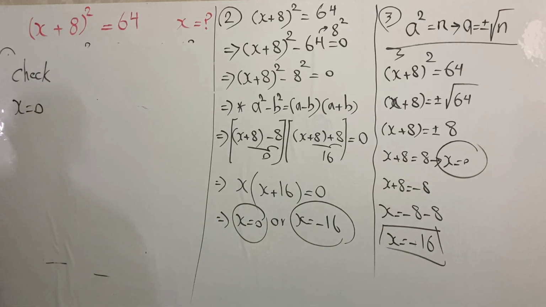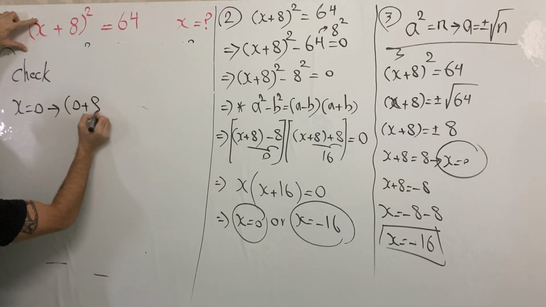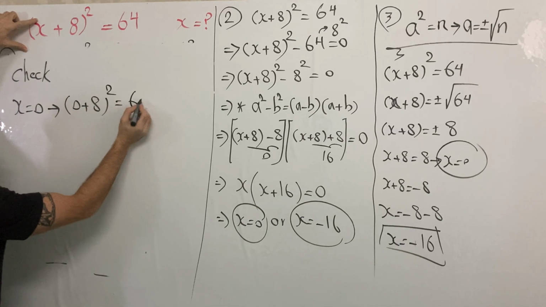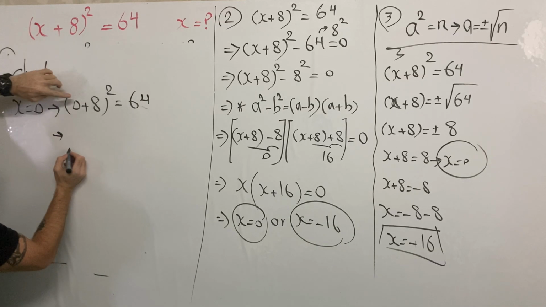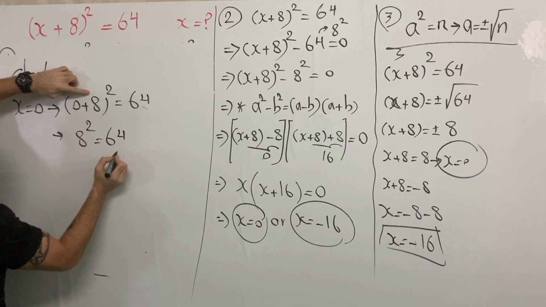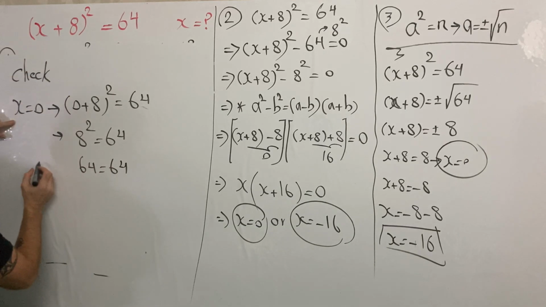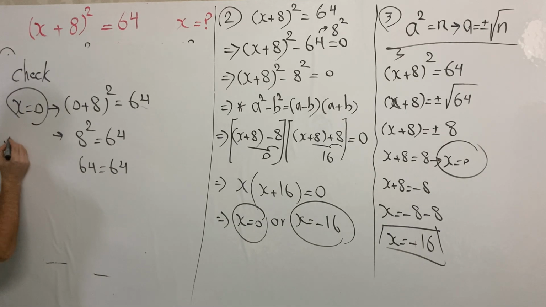Let's start with x equals 0. Let's plug this into our original equation. (0 plus 8) to the power of 2 equals 64. So from here, 0 plus 8 is 8, to the power of 2 is 64. From here, 64 equals 64. So x equals 0 is a valid answer.